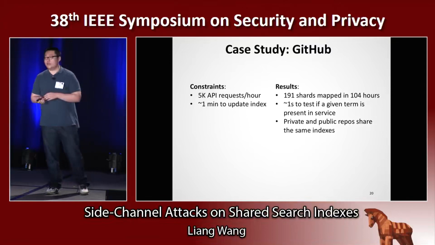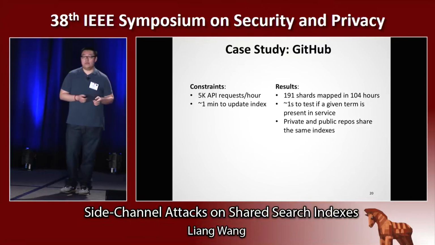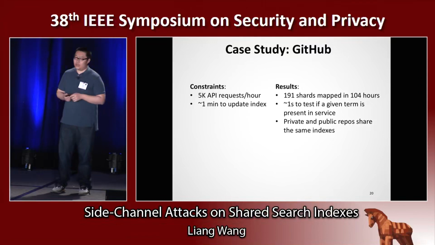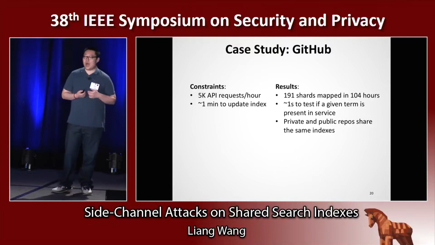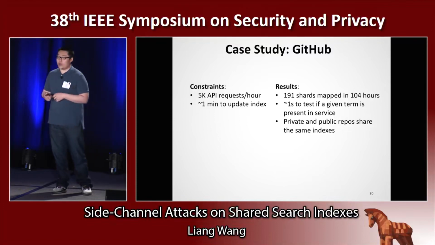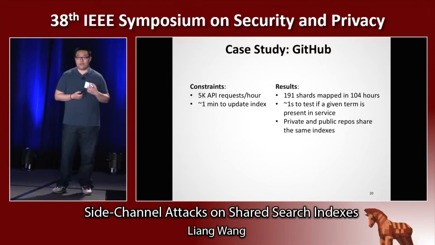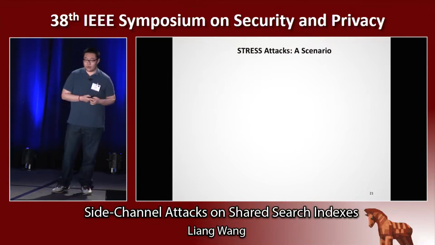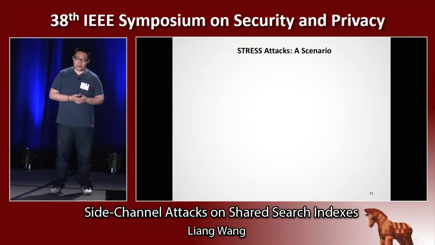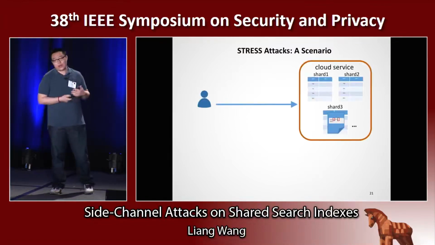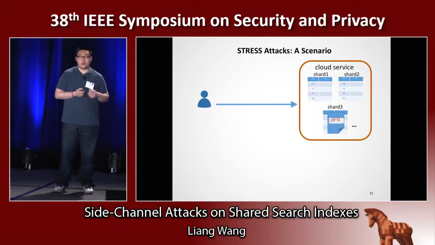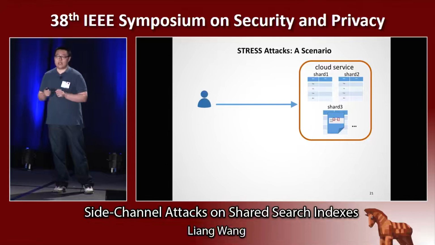An interesting result is that we found the public repo and the private repo share the same index. That means that we can perform attacks using public free accounts to extract data from private repos. So here is a concrete scenario. The attacker knows the victim Alex stores her credit card number in some file on GitHub.